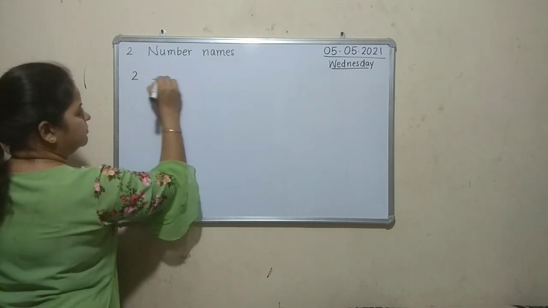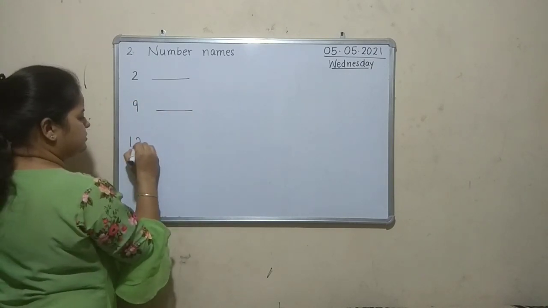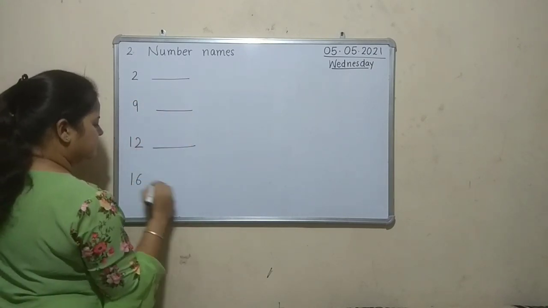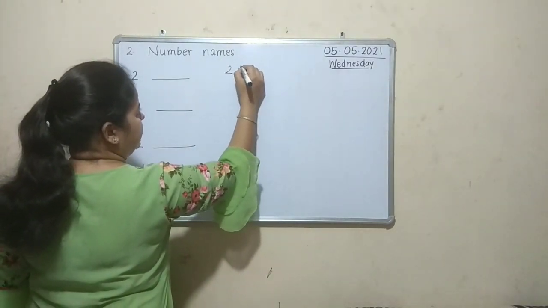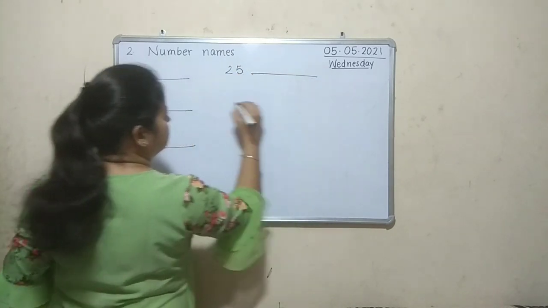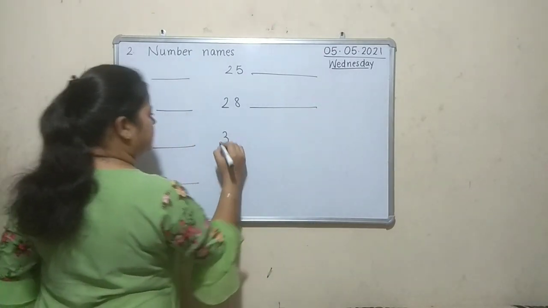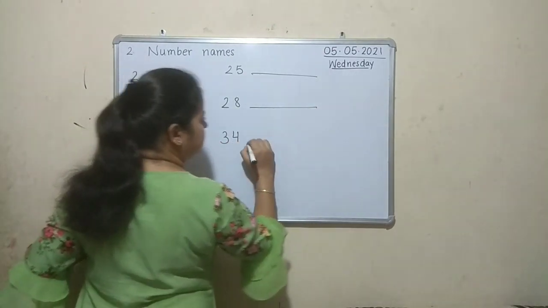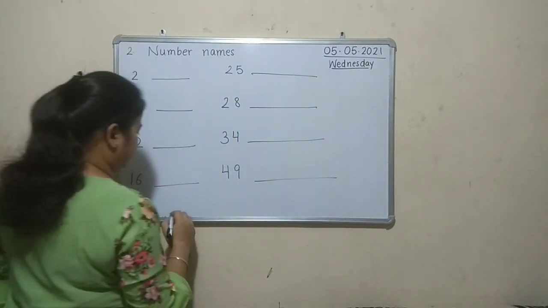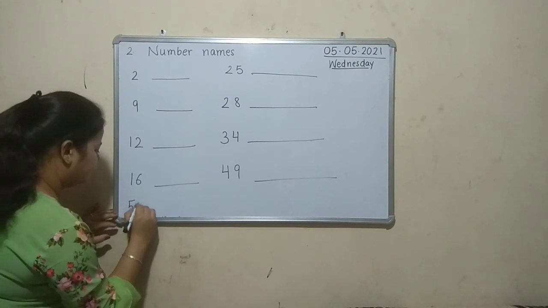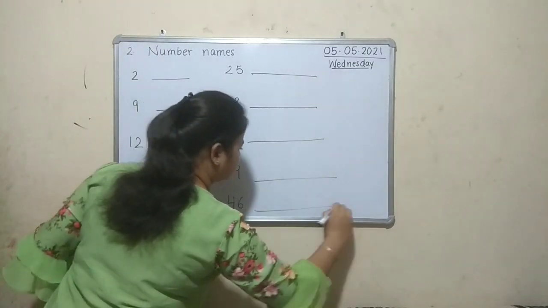The numbers are 2, 9, 12, 16, 25, 28, 34, 49, 50 and 46.